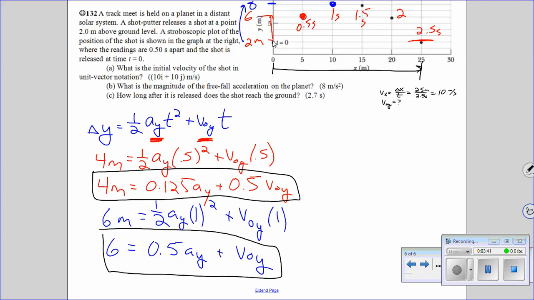There are a few different ways to do that. Initially, when I did it in my notes, I just doubled the top equation and then subtracted them. So I'm going to double this top equation to get 8 meters equals 0.25 AY plus V0y. And my bottom equation remains the same: 6 meters equals 0.5 AY plus V0y.